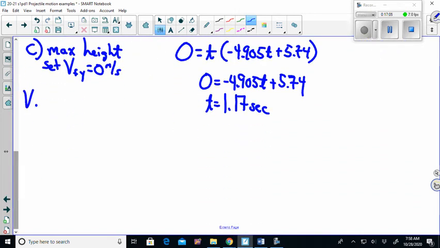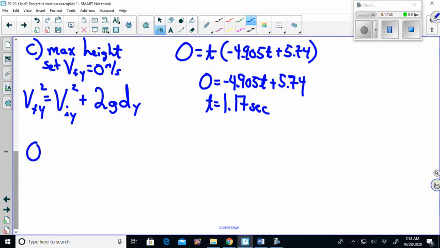That's our trusty VFY squared equals ViY squared plus 2g dy. Again, don't worry about memorizing the formulas. You'll have a sheet that has the formulas on it. I don't expect you to memorize the formulas.